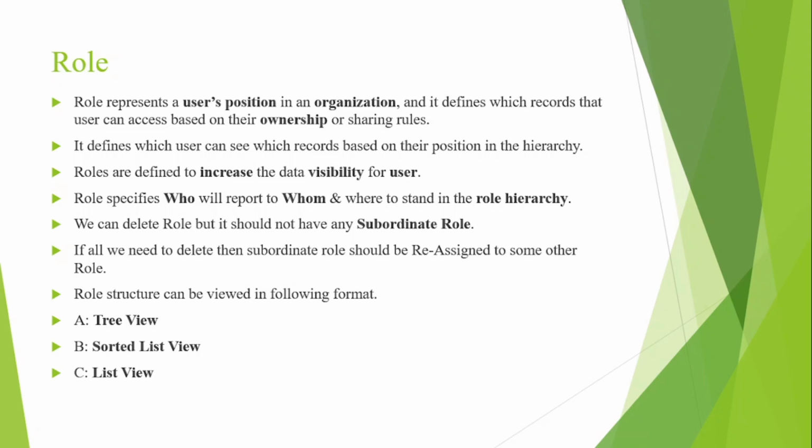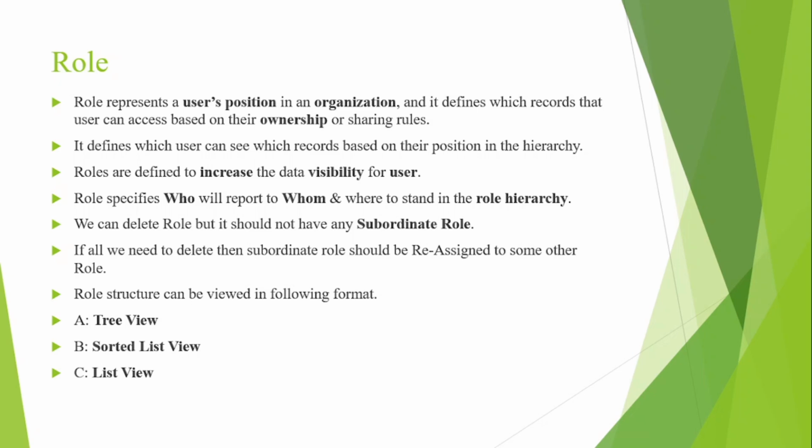Any user in the org should have a position in an organization. A user owns a particular role. Without a role, maybe the user can exist in the organization, but he should have one role.